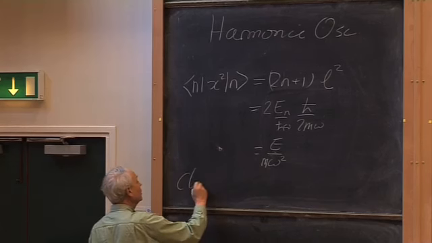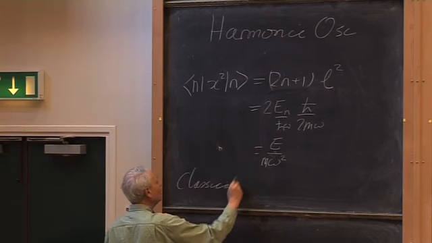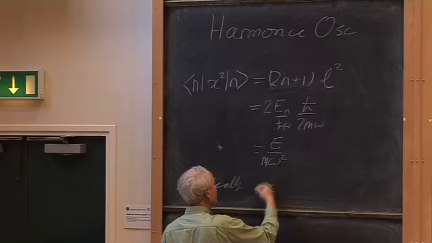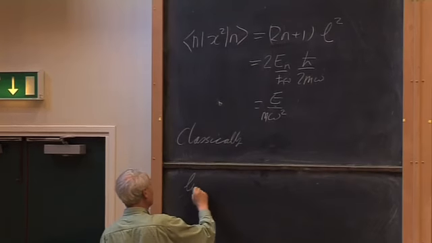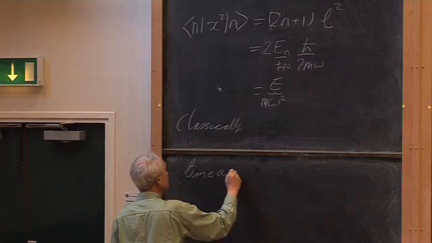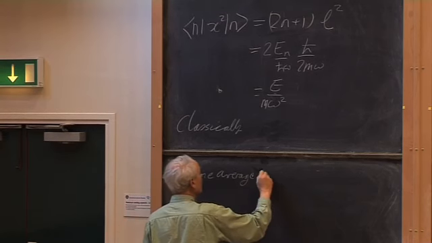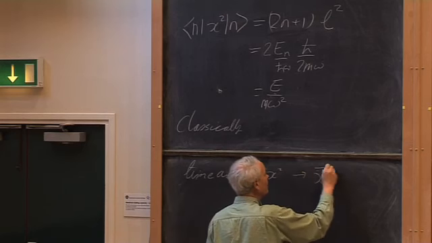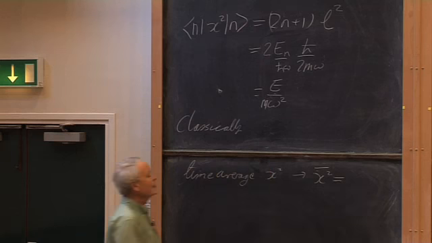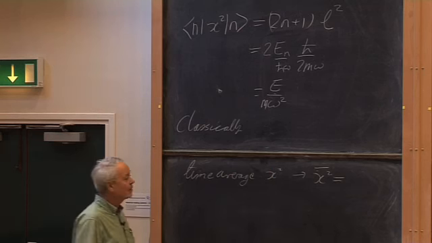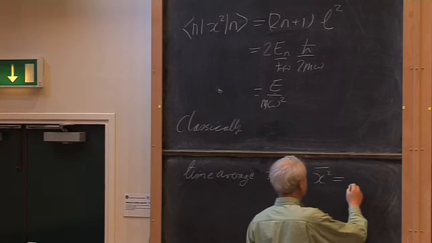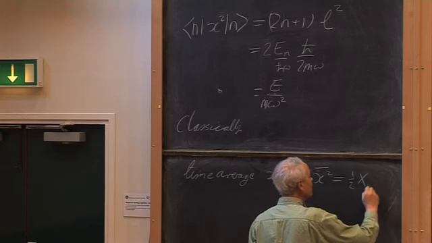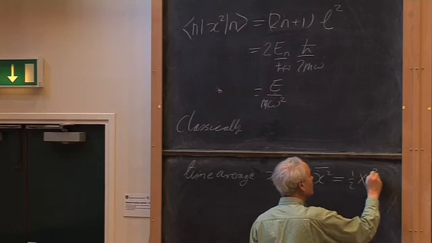Classically, we expect that the time average, well, I better write this down now. So the time average of x squared, which we'll call x squared bar, since x is a simple harmonic function of time, should be a half of x max squared.